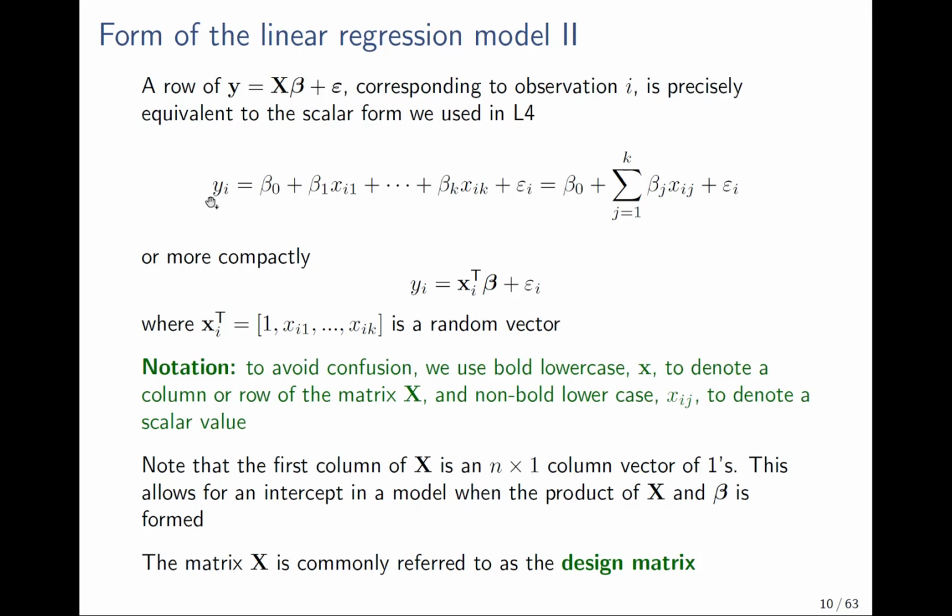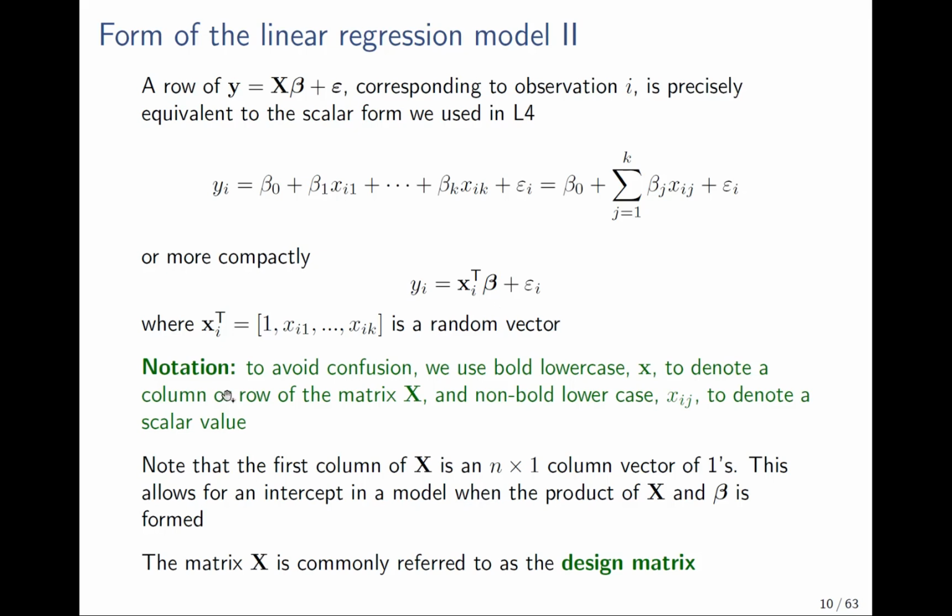So y_i in lecture 4 we said equals beta naught plus beta 1 x_i1 up to beta k x_ik. So this is the value of covariate k for observation i. This is the error term for observation i. We can write it as a summation. But using matrix notation, we can write it more compactly in this way: the transpose of a row of x times the parameter vector beta, plus the error term.